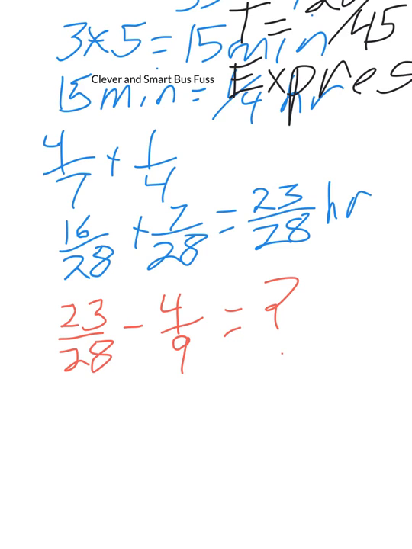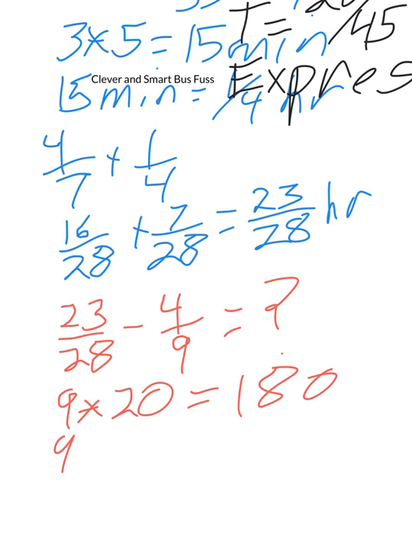So again, we need some common denominators, and in this case I'm going to have to use 9 times 28, which, let's see, well, let's figure that out. 9 times 20 is equal to 180.